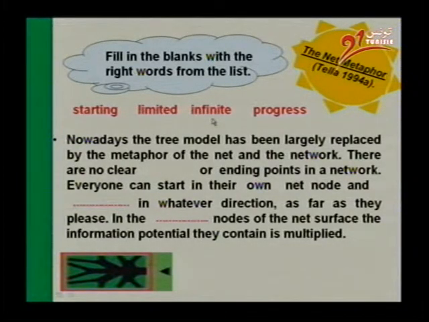So which one shall I choose? Of course, I have to refer to the meaning here. In the nodes of the internet surface, the information potential they contain is multiplied. When I speak about multiplied information potential, I cannot speak of limited nodes.